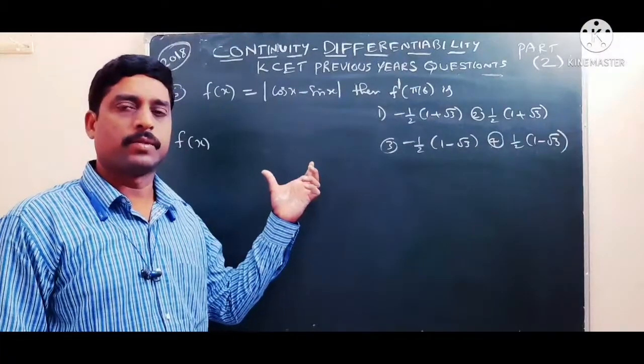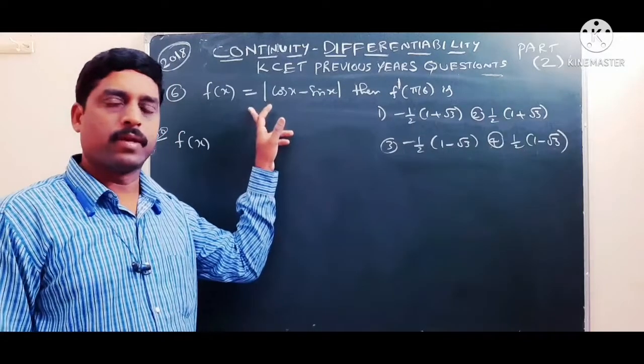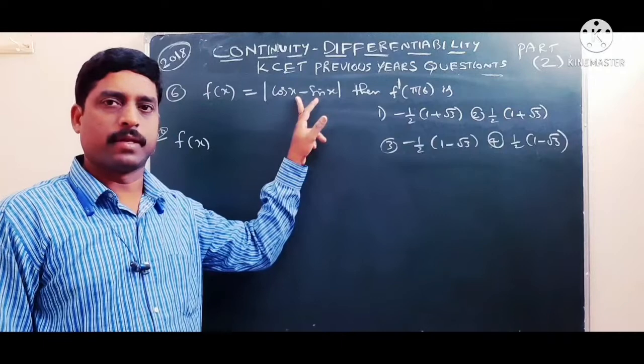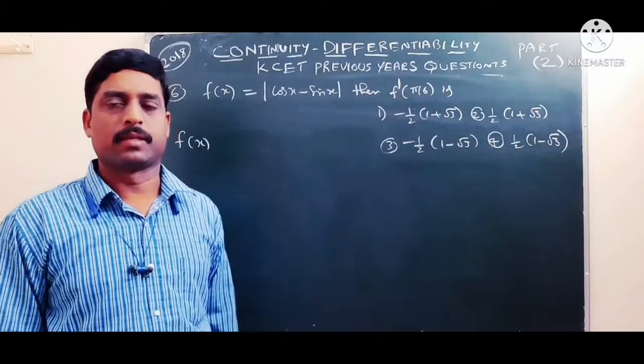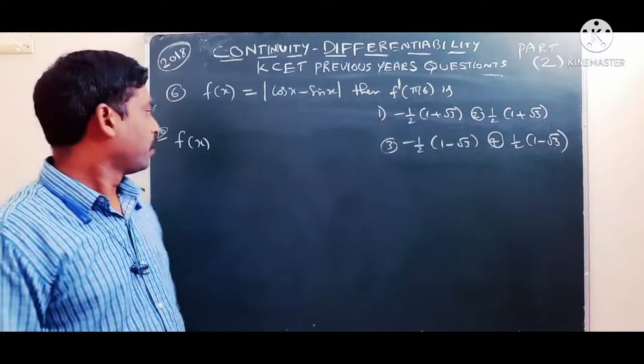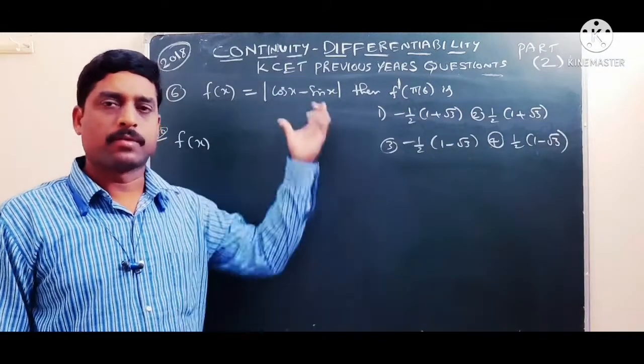Okay, look at the next question. This is from 2018. What is given? f of x is given as modulus of cos x minus sin x. Then we have to find f dash pi by 6. How can we solve this problem? What is given is modulus of cos x minus sin x.